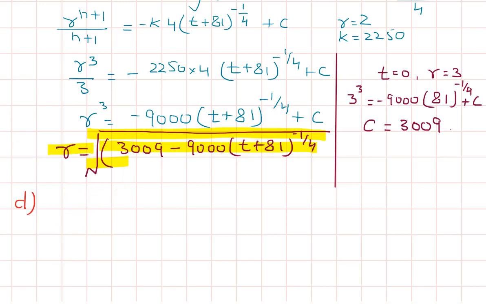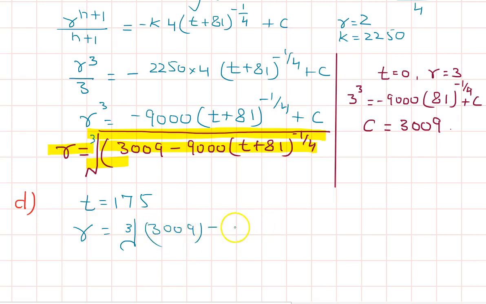So when t is equal to 175, r will be the cube root of 3009 minus 9000, 175 plus 81 to the power minus 1 over 4.